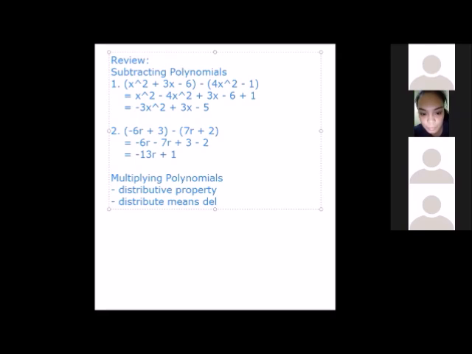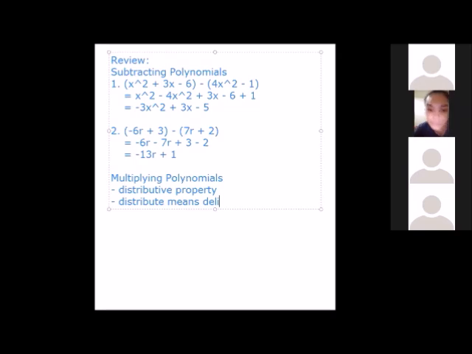Just to help us remember what we will do when we use the distributive property, we can have the word distribute, which also means to deliver. Yes, you got it right.